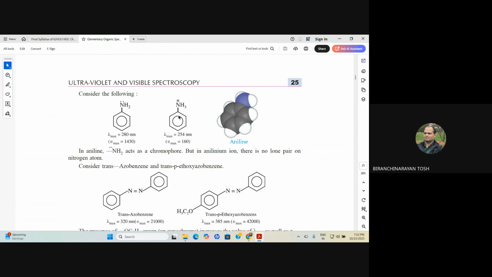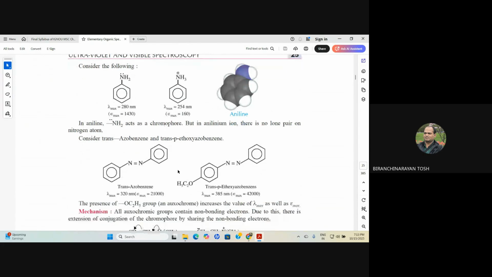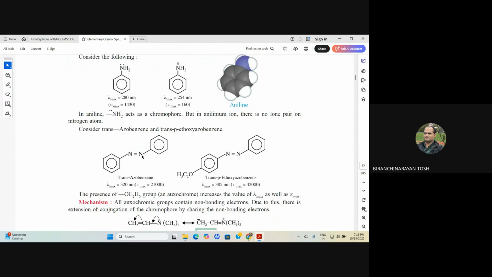In this one, you can see azobenzene and para-ethoxy azobenzene. In case of trans azobenzene, lambda max is 320 nanometer, but when this oxochrome is present, it changes to 385, it increases.